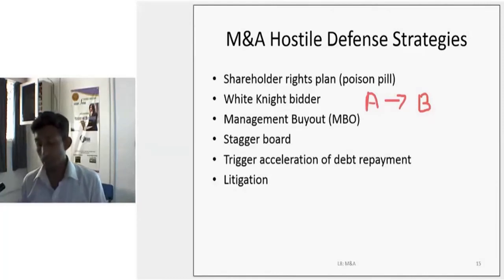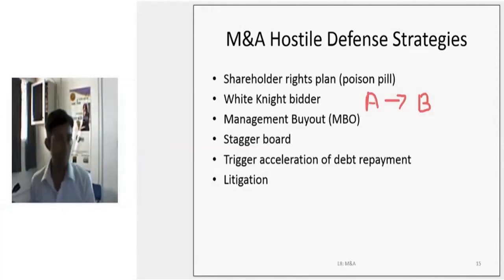With these poison pills, B's shareholders decide they will sign contracts saying, if company A takes over us, we are signing to settle all our liabilities of company B. If we settle all our liabilities, of course we might have to sell all our assets.